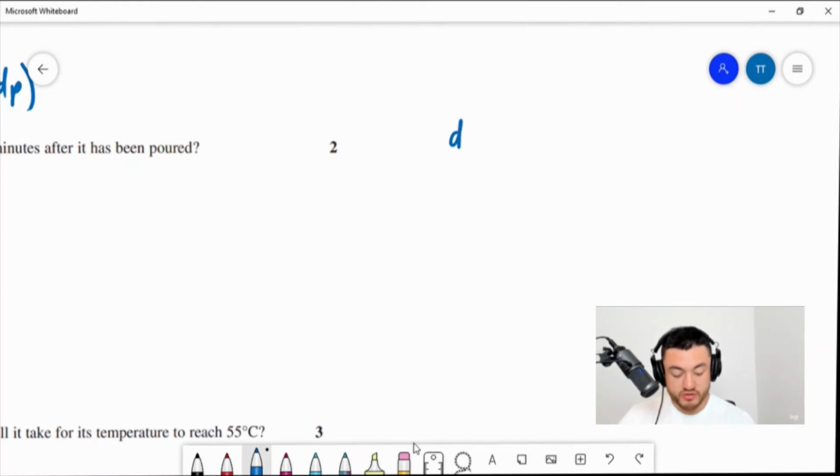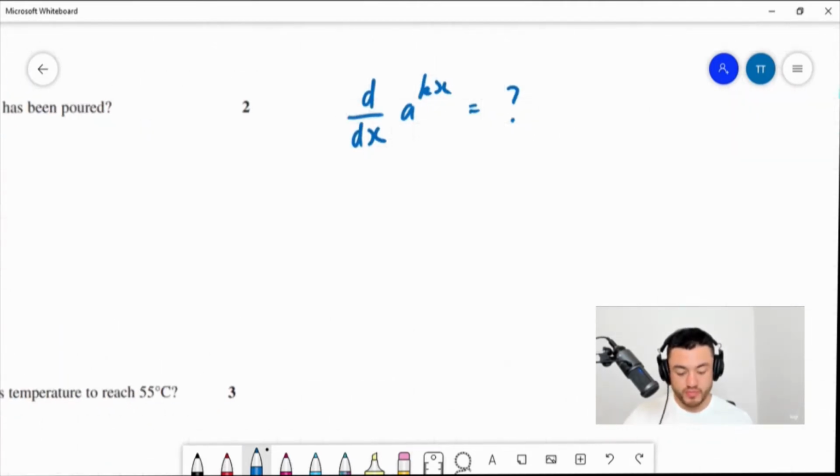So what is the derivative d dx of a to the kx? That's what we're trying to find. I'm going to start off by saying that we can actually state that a is equal to e to the ln a.